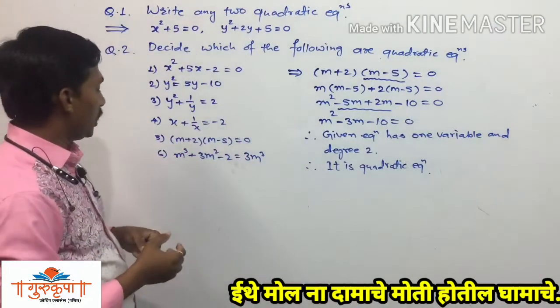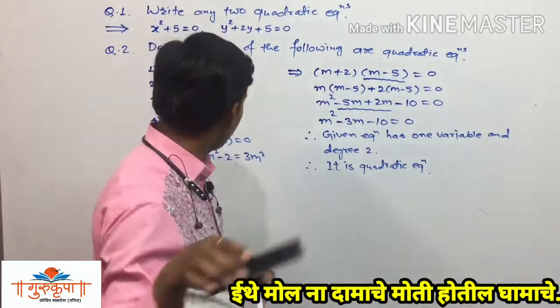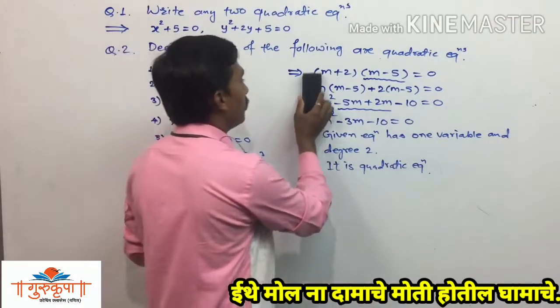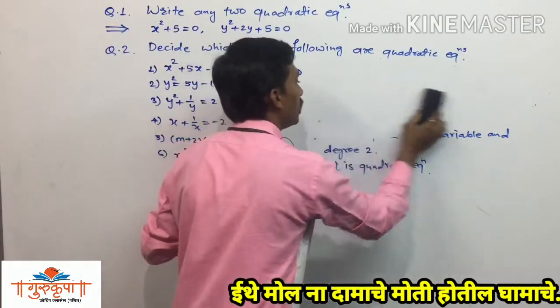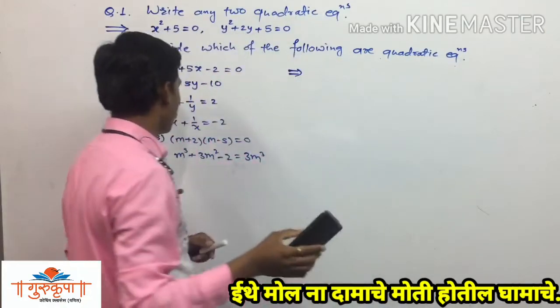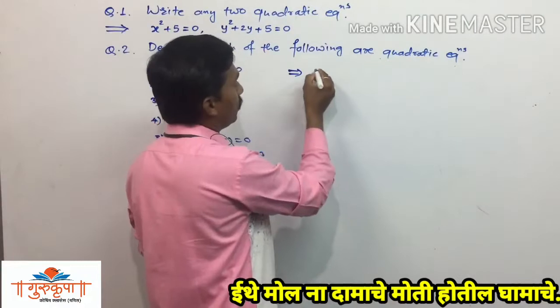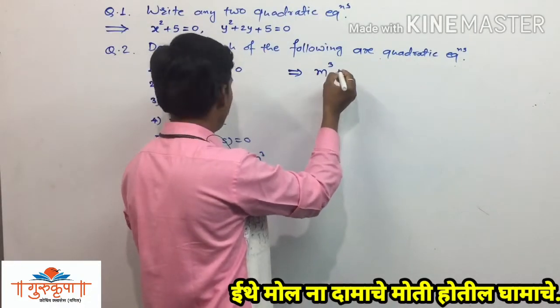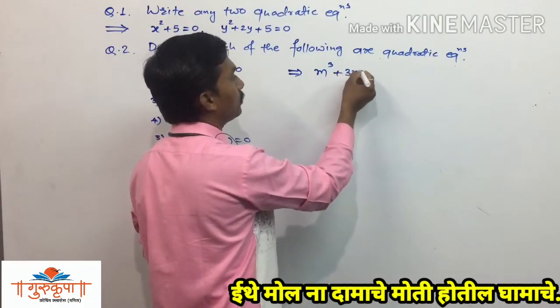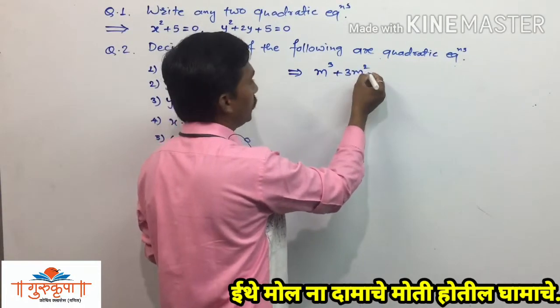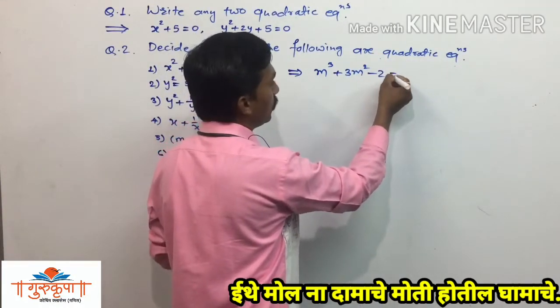And then we have the last example, example number 6: m cube plus 3m square minus 2 is equal to 3m cube.